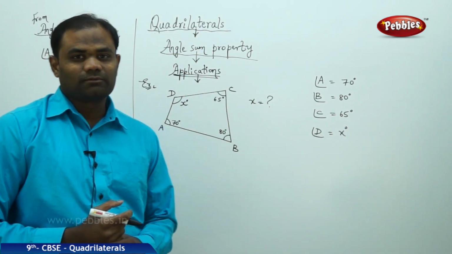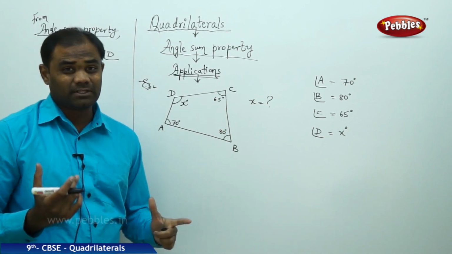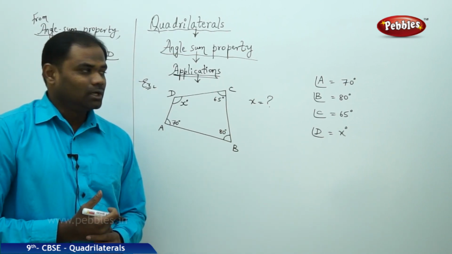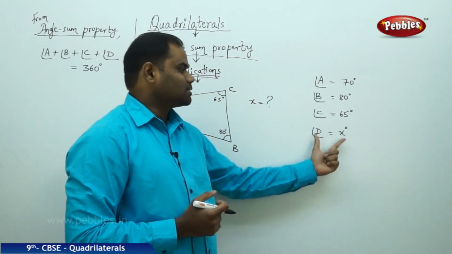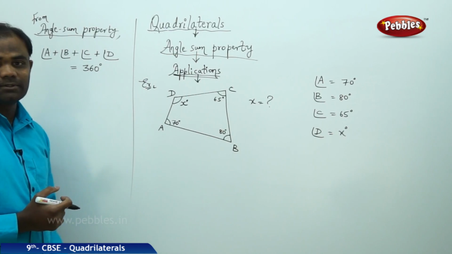So the angle sum property for a quadrilateral, where the sum equals 360, is what we have seen in the previous session. Now that we know each of the angles, let's substitute in the given angle sum property.